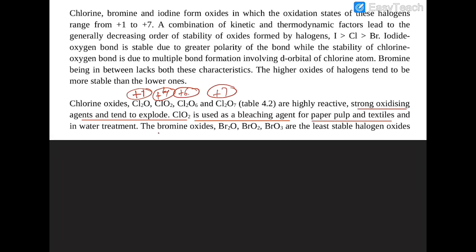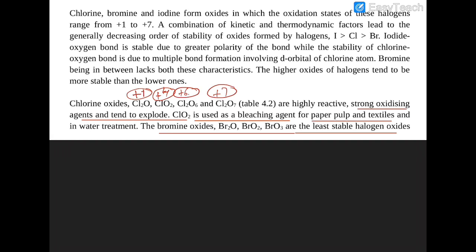The oxides of bromine, that is Br2O, BrO2 and BrO3, are less stable than the other halogen oxides. I told you already that in the oxides of iodine, there is greater ionic character. In the oxides of chlorine, there is greater covalent character, and you have better p pi d pi bonding.